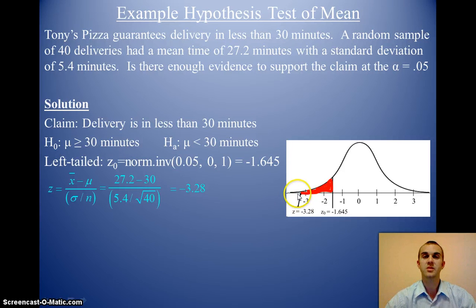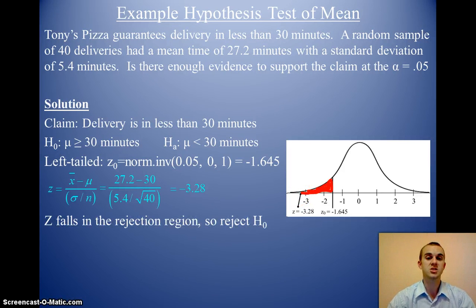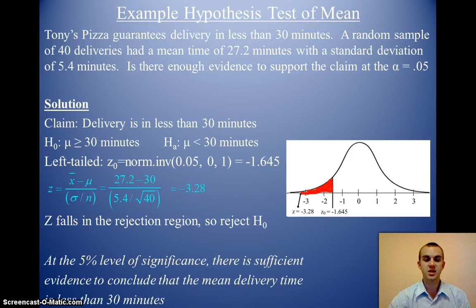That falls right here, and that is within my rejection region. So I will reject the null hypothesis, and my null hypothesis was that the mean was greater than or equal to 30 minutes. What this means is that at the 5% level of significance, there is sufficient evidence to conclude that the mean delivery time is less than 30 minutes.